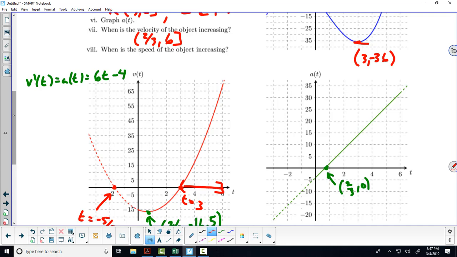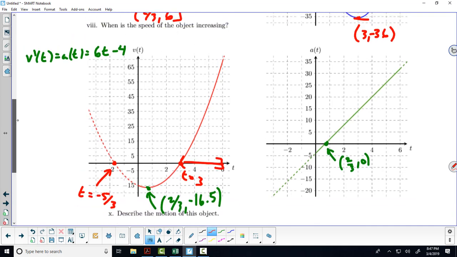So if I'm slowing down, what's happening to my velocity? It's becoming less negative, which is the same thing as saying it's becoming more positive. So its velocity hasn't become positive yet. It doesn't become positive until 3, but it's no longer becoming more negative. It starts increasing.